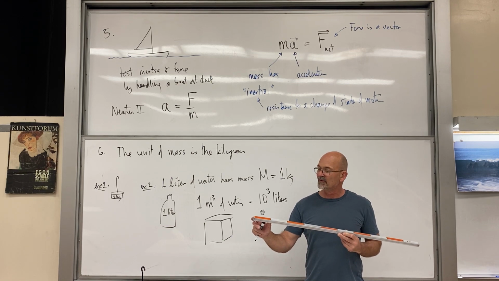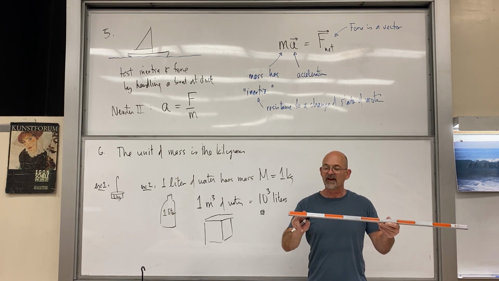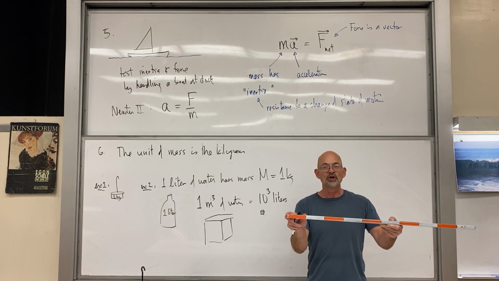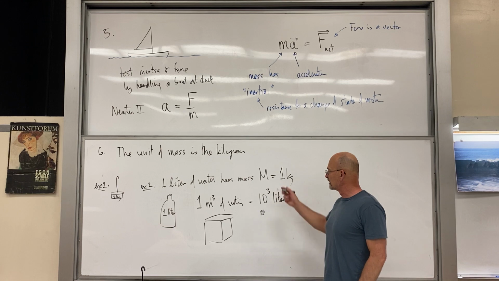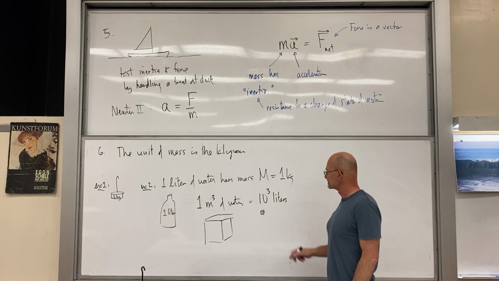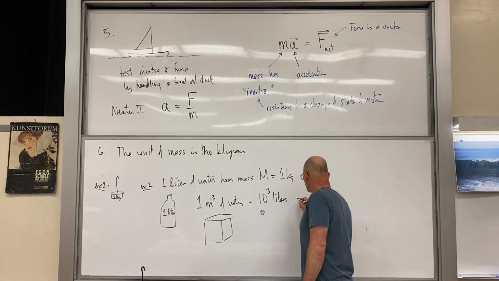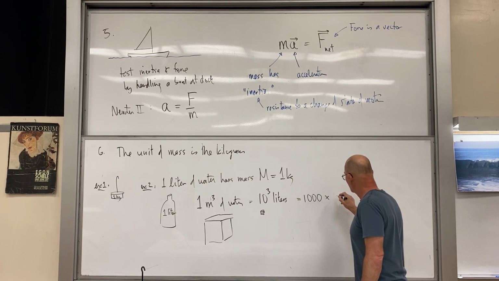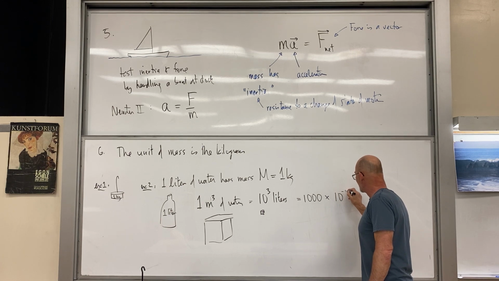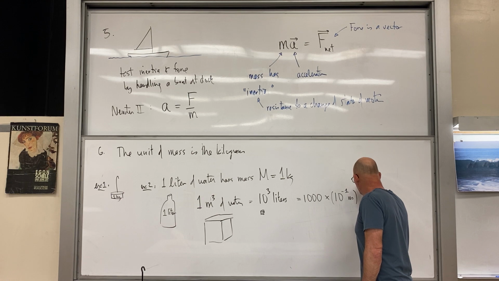So a liter is this, this orange section here is 10 centimeters. You take a cube of 10 centimeters, that's 1 liter. That's a unit of volume. Meter cubed, 10 to the 3rd liters equals 1,000 times 10 to the minus 1 meters cubed.